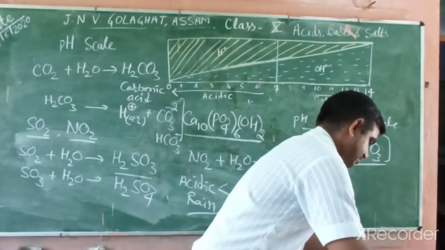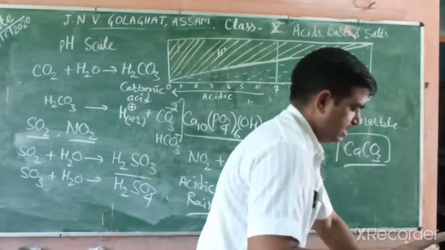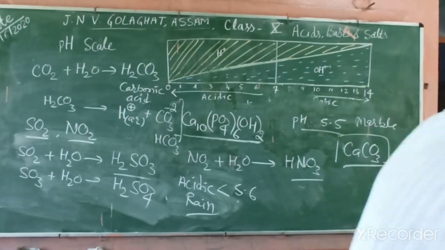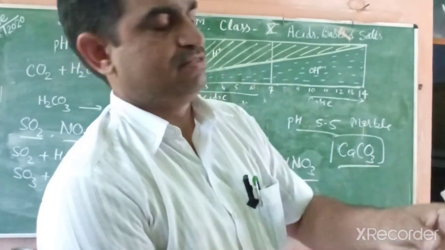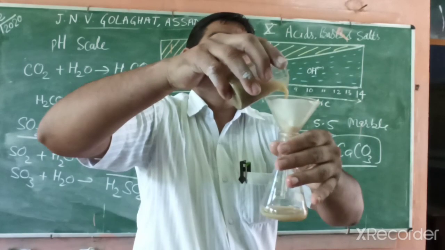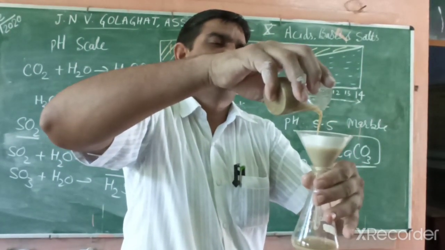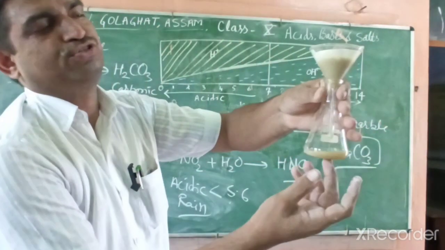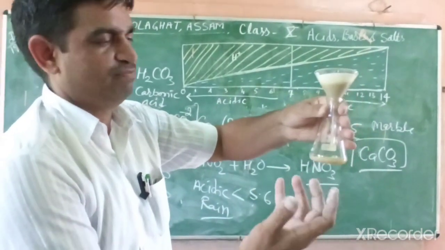We can filter this solution in the same way into this beaker. After some time the filtrate is collected. With this filtrate solution, we check whether the soil is neutral, acidic or basic.